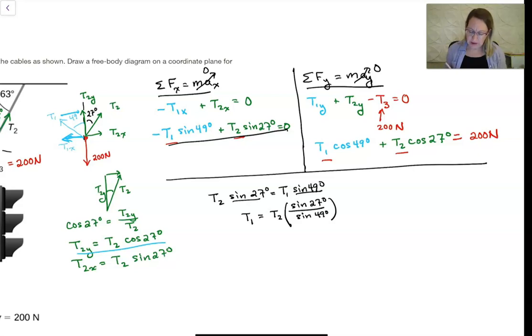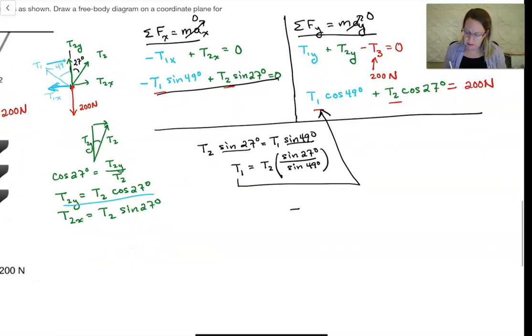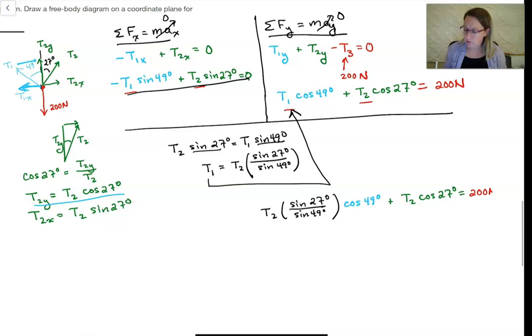That's just dividing both sides by the sine of 49 degrees. Once I have that, I can substitute this expression right into my second equation. And that gives me T2 sine of 27 degrees over sine of 49 degrees times cosine of 49 degrees, plus T2 cosine 27 degrees is equal to 200 newtons, okay?